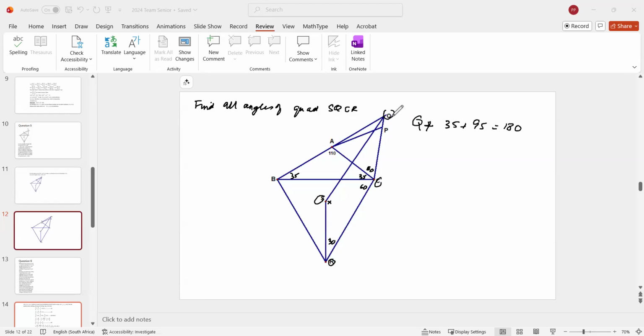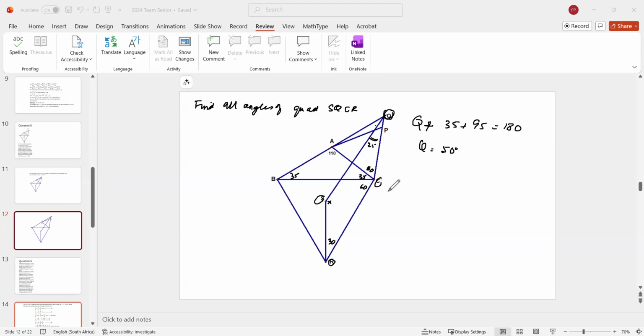And this is the angle that we're talking about here, angle Q. Not P now. Angle P is 60 degrees, right? But that angle. So these two add up to 130, so Q is 50 degrees. And that's nice because now it means that the entire angle is 50. So this angle here is 25 because this angle is bisected.